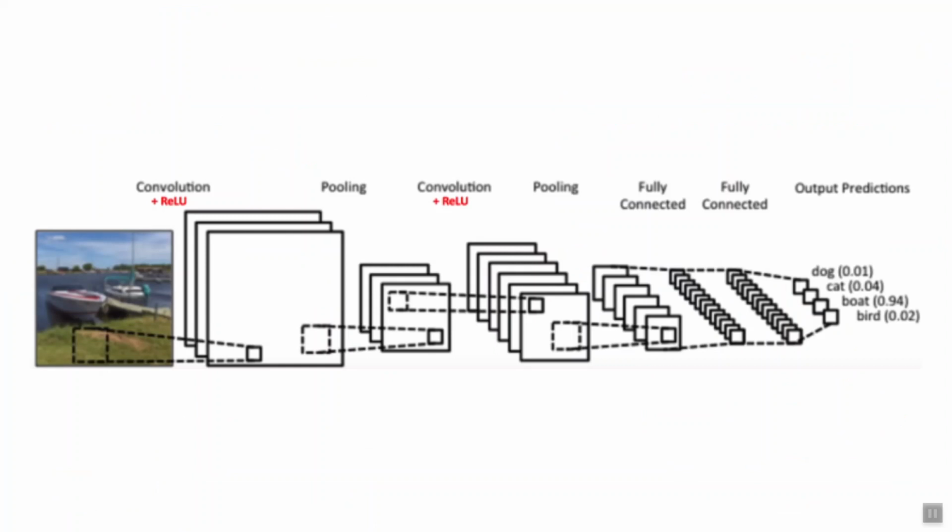In order to find the parameters of the neural network, and by parameters I mean the numbers in each filter and in each convolution, we use another way. So this is all about convolution neural networks and image recognition. Thank you.